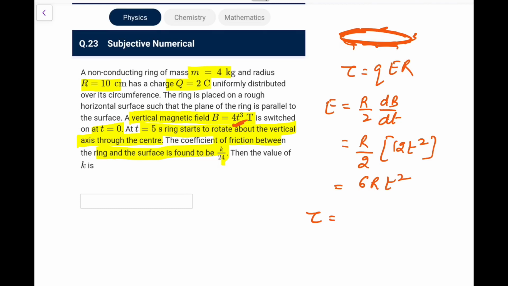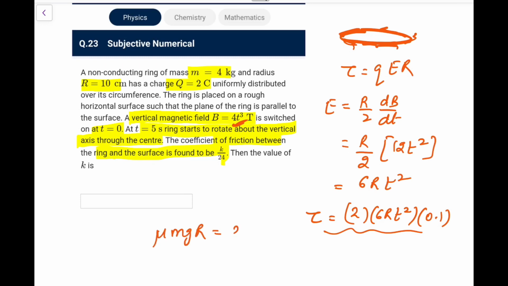So the torque acting would be QER, where Q is 2, E is 6Rt square, and radius is 0.1. Now this torque is just able to rotate it at 5 seconds. That means at 5 seconds its torque equals the torque that friction can generate, and the friction torque would be mu mgR.